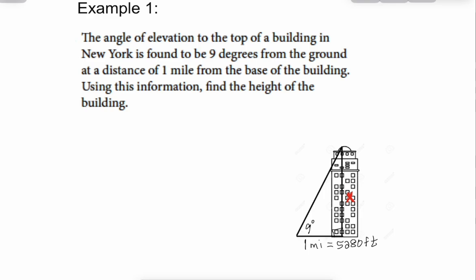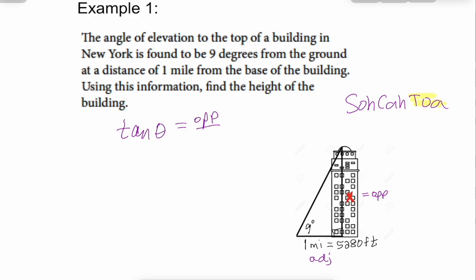So let's think about what we know. This is the opposite. This is our adjacent. The trig function that's going to help us solve this problem needs to have opposite and adjacent in it. That's our tangent. So let's write down our formula. The tangent of theta is opposite over adjacent.